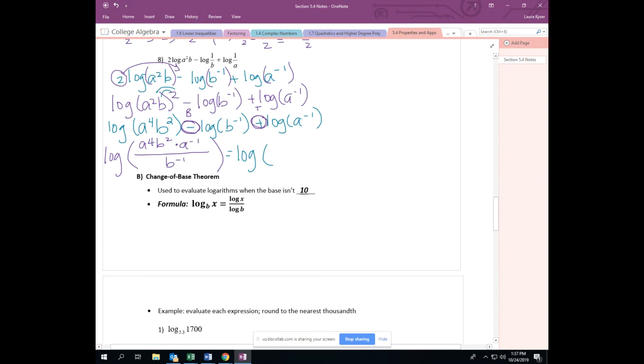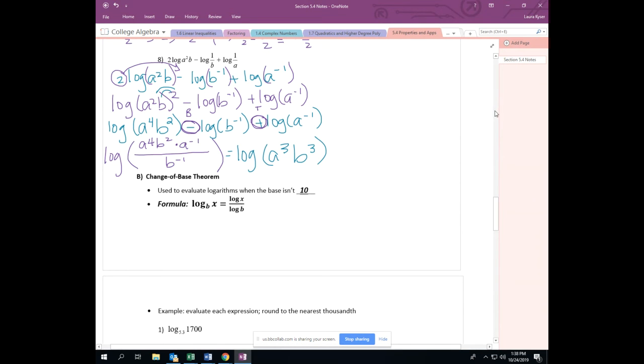So 4 plus negative 1 is a cubed. Similarly, we have a quotient involving b squared and b to the negative 1. Quotient rule says subtract. 2 minus negative 1 actually means 2 plus 1, so b also has a cube attached.